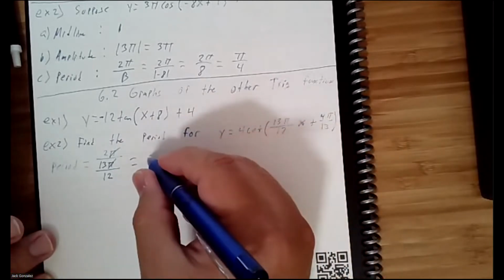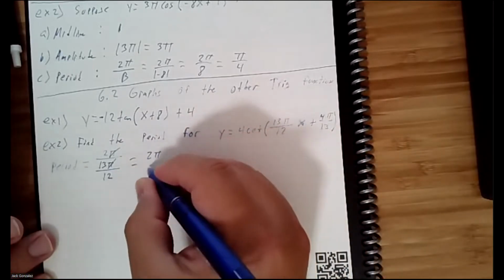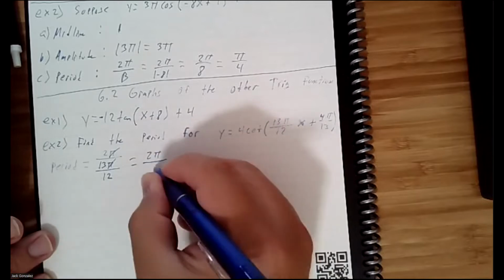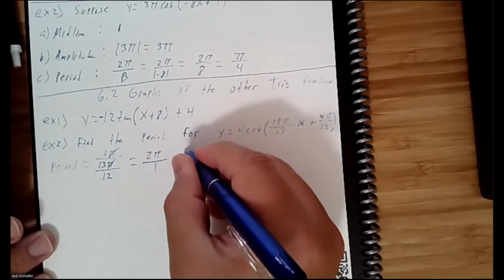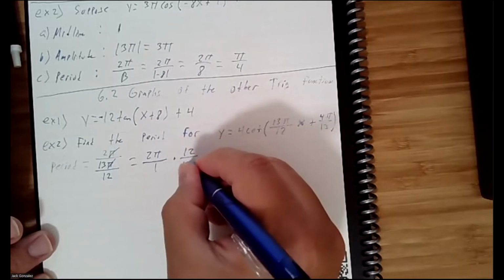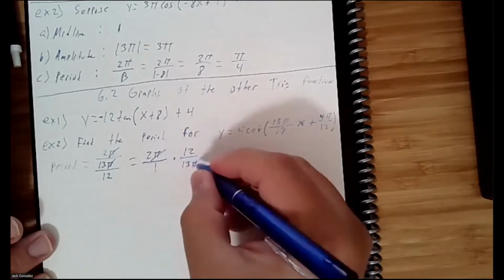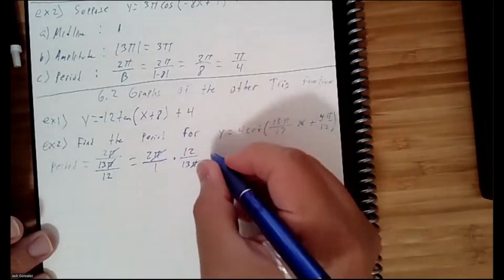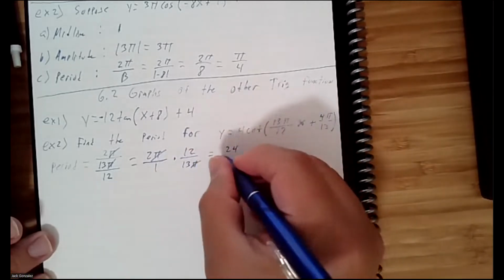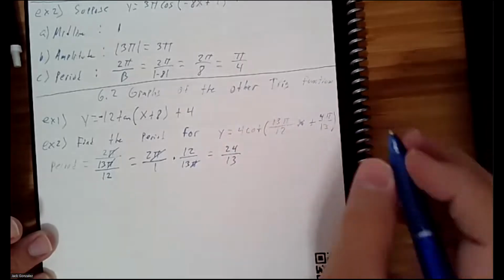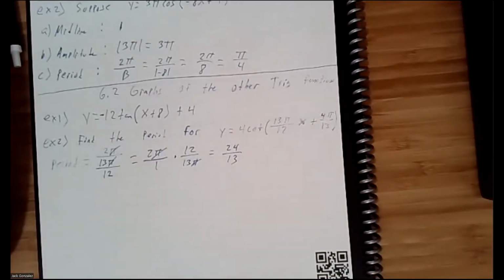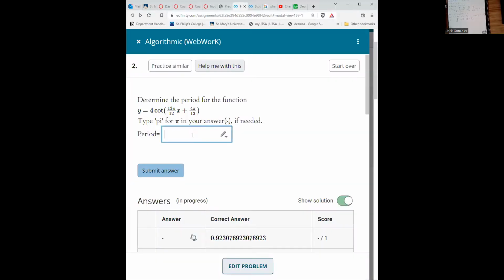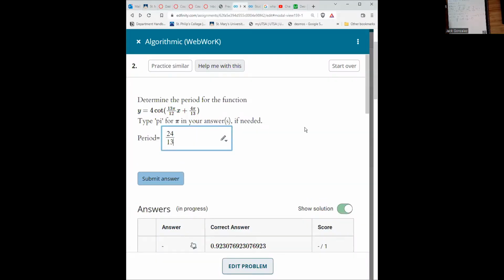You'll end up with, let's show the work, 2 pi over 1 times 12 over 13 pi. This is why they cancel. 2 times 12 is 24, so you end up with 24/13 as your period. So you should just put 24/13 in here.